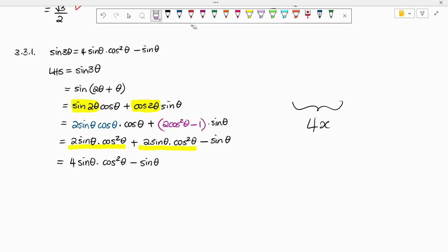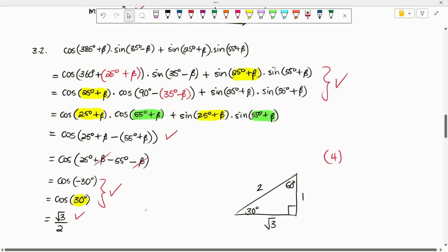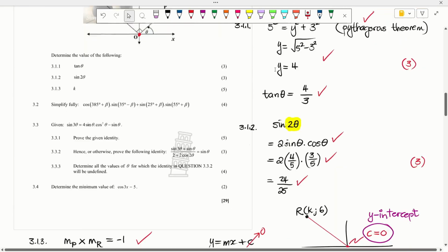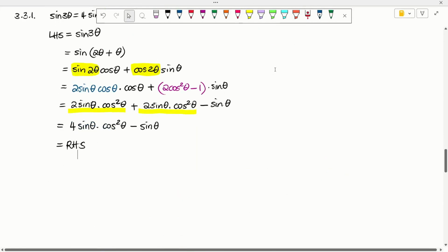And you can see that definitely that is exactly the same as the right hand side. So I'll conclude this is equal to the right hand side, and I'm done. That's my, I think, 6 marks or 5. I think it is 5. Yes, that's my 5 marks in the bag, just like that.